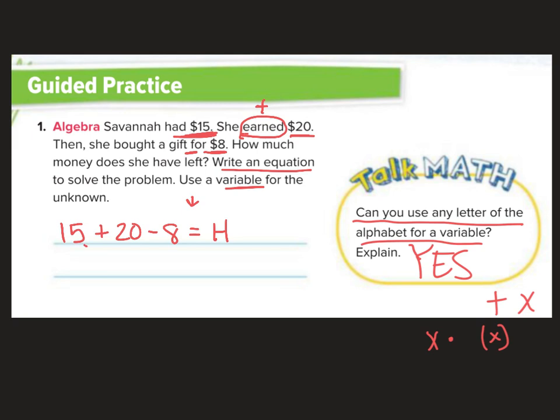So 15 plus 20 equals 35. Bring it up. 35 minus 8 equals 27.